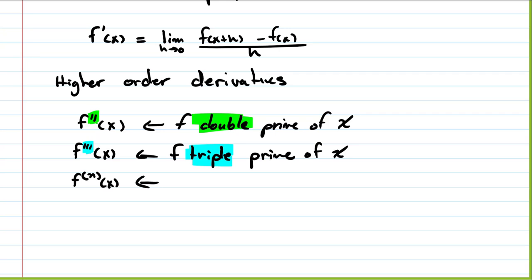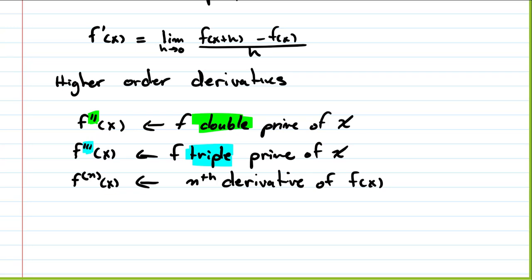This would be the nth derivative of f of x. So after 3, we stop using the prime notation, and we'll just put 4, 5, 6, 7, 142, whatever we need to put there to denote the derivative that we are going to be taking. So this is the traditional Newtonian notation, or the prime notation.